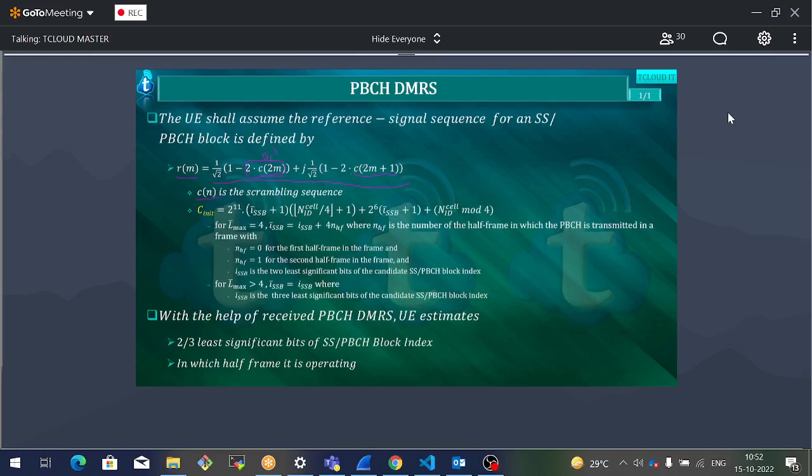Similarly, if C of 2m plus 1 is also substituted as 0, this becomes 1 by square root of 2j. So 1 by square root of 2 plus 1 by square root of 2j when you have substituted 0 at both the locations. But if you find that this is 0 and this is 1, then 2 into 1 is 2, and 1 minus 2 is minus 1.